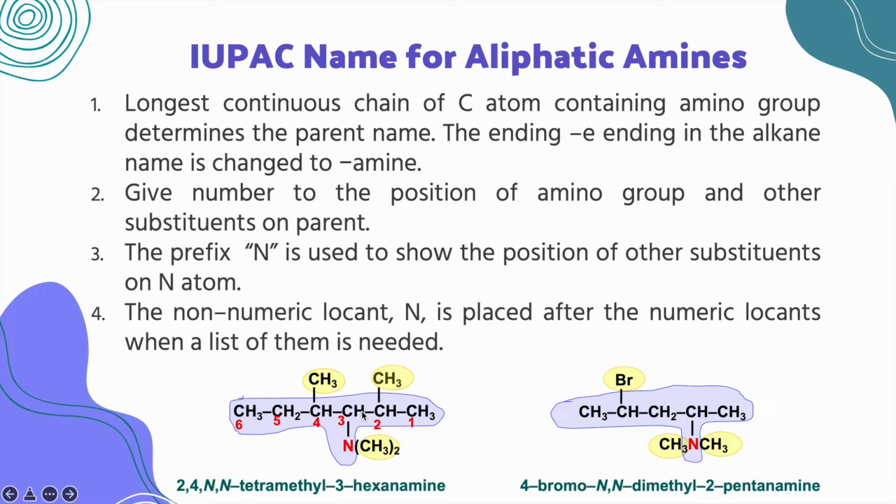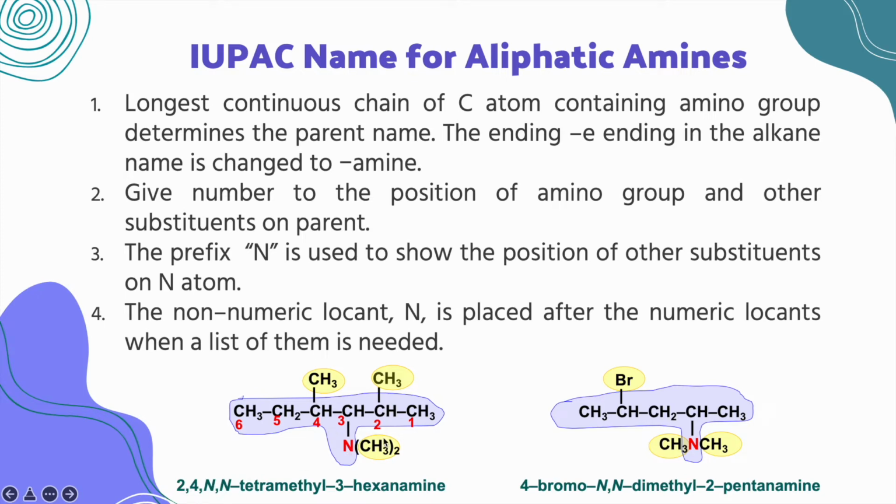And then on this longest carbon chain, we have 2 methyl substituents, one at carbon 2, another at carbon 4. So 2,4-methyl, but we also have 2 more methyls, and these are on the N. This N doesn't have a number, we don't give a number to N. So this methyl is at N, that's why it's 2,4,N,N, because 2 methyls are at N. One methyl is at N, another methyl is at N as well.